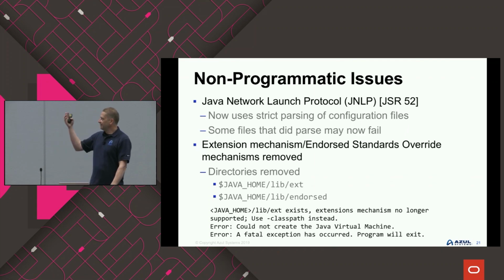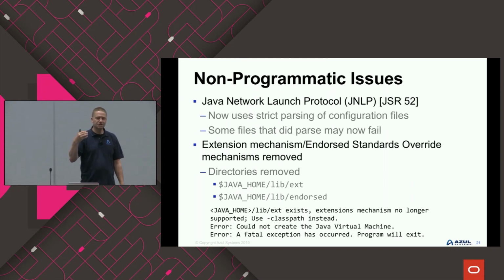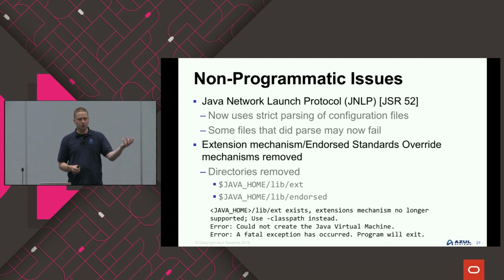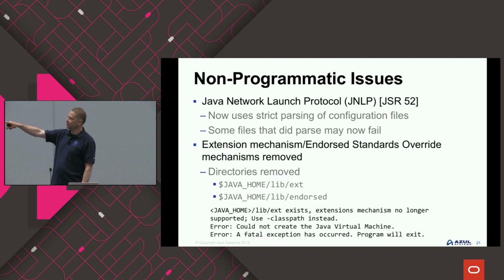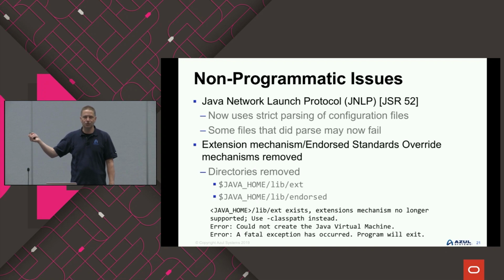One thing that I have kind of bumped into is the fact that because we're now using the module system, what's called the extension mechanism and the endorsed standards override mechanisms have been removed. And this is really things that are used by application servers where they want to load additional classes before the application starts. So you used to have the Java Home lib/ext directory and lib/endorsed directory.